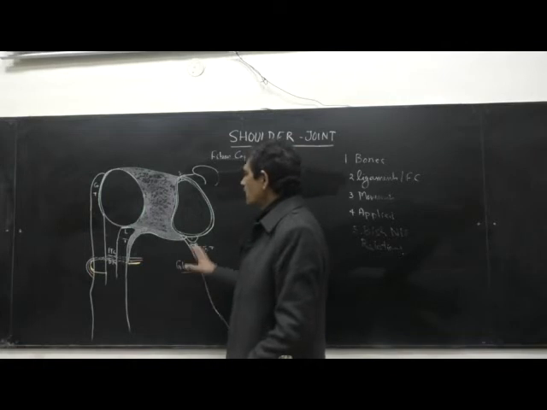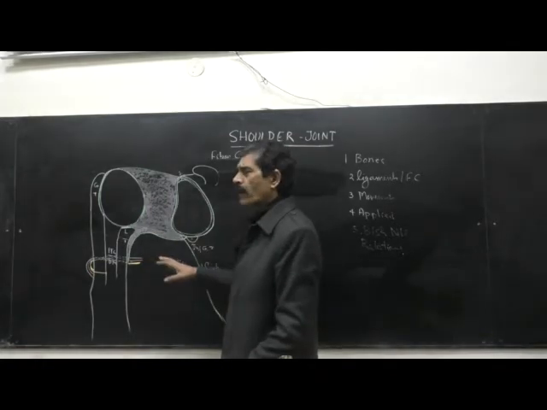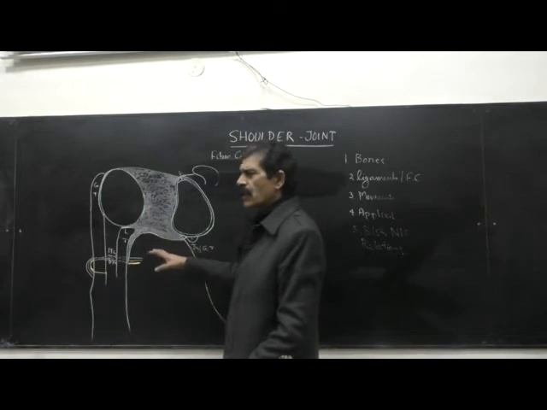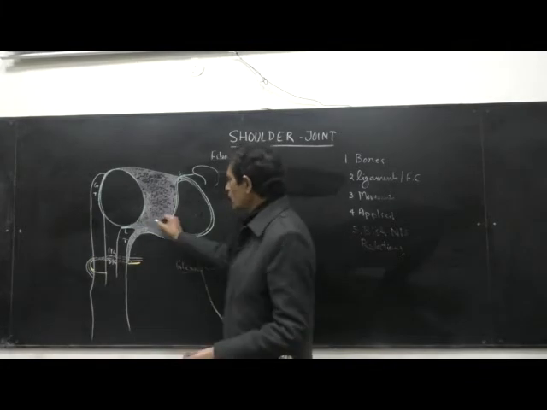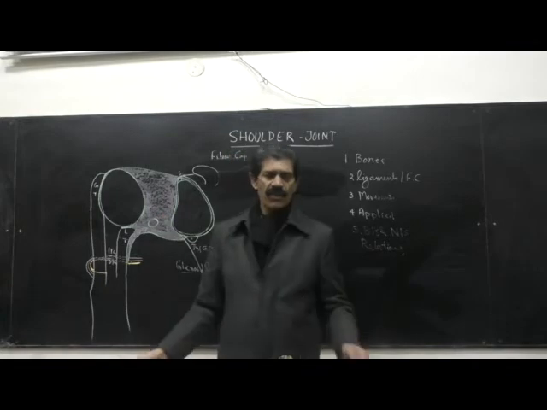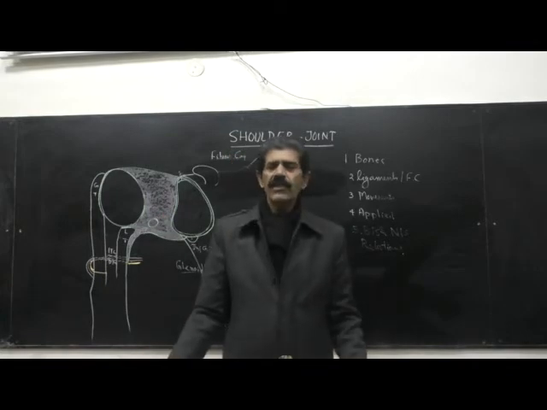So this is what we know about the fibrous capsule, its attachment, its inferior extension, and there is the aperture or the hole in the fibrous capsule through which the subscapular bursa is present. So this is the extension of the joint cavity.